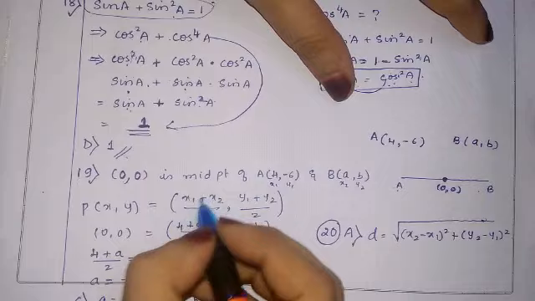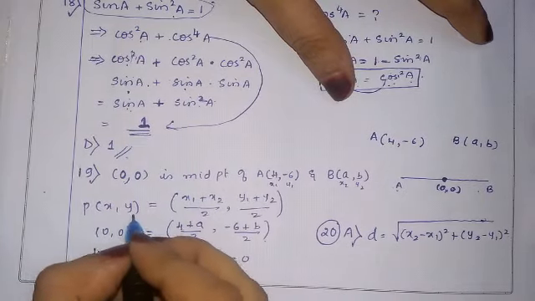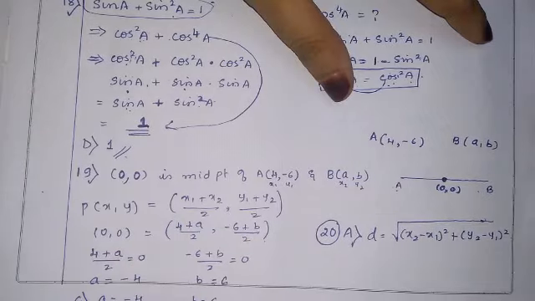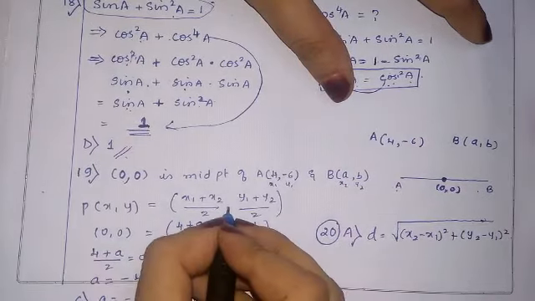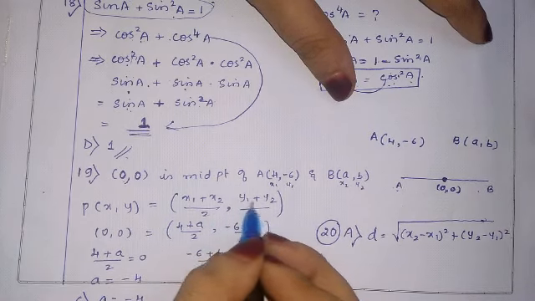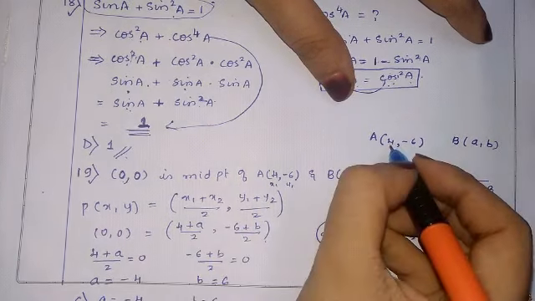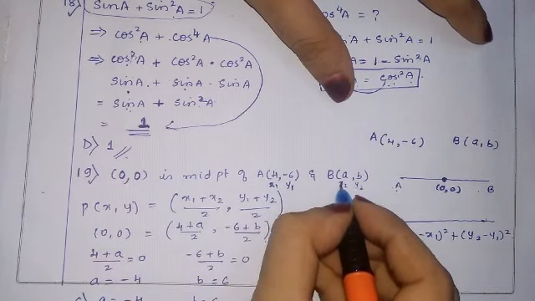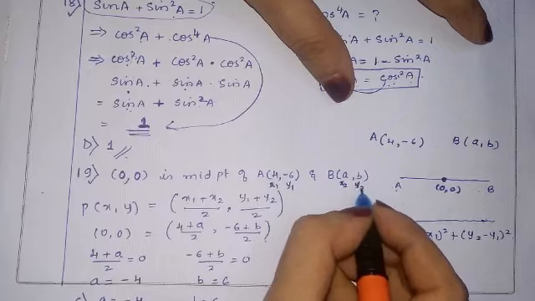So we know the midpoint formula: P of x1, y1 is equal to (x1 plus x2) by 2, comma, (y1 plus y2) by 2. So this is the formula for midpoint. Now x1, y1, x2, y2 are the 2 points.